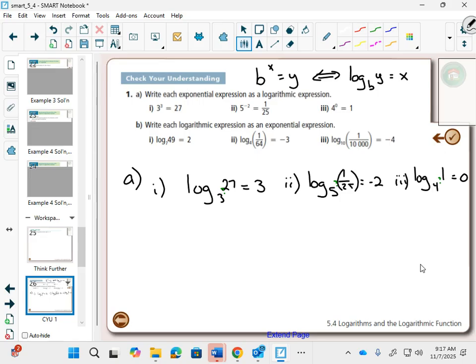The answer would have to be 0. What's log 7 of 1? Seven to what exponent would be 1? 0. Log 12 of 1? 12 to what exponent would be 1? 0. Does it make sense that log of any base of 1 is going to be 0?